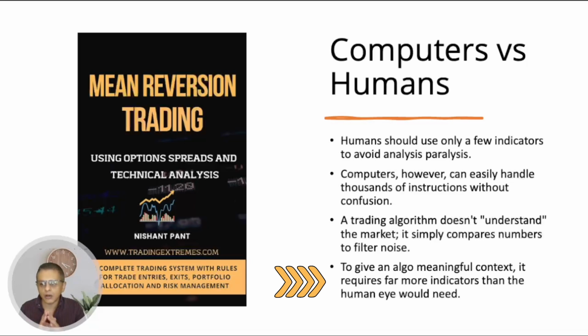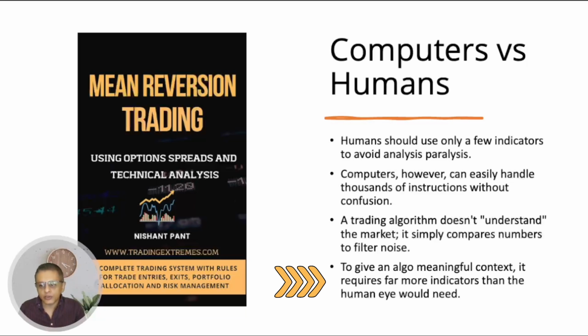So to give it context and make the algorithm understand what the stock market is, you need far more indicators than what a human needs. When I'm trading, I know exactly what the stock market is. I know when I'm looking at a chart what the chart is telling me, and then I use indicators just to add confirmation.